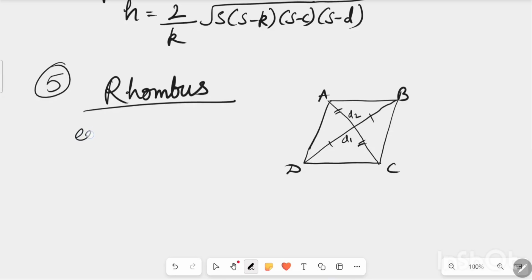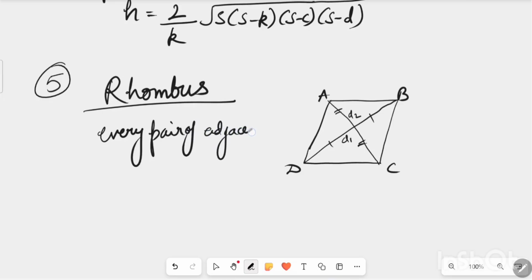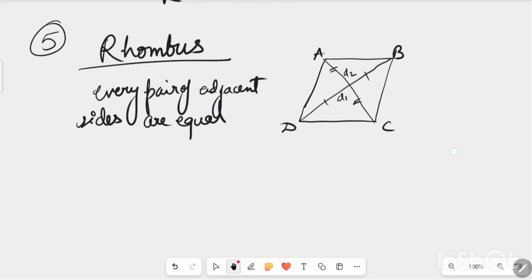Every pair of adjacent sides are equal. All 4 sides of the rhombus are equal.